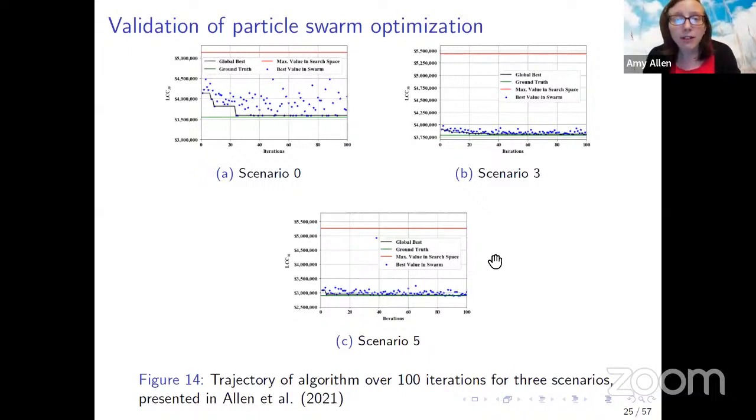So the algorithm was deemed to perform well and to converge within a fairly limited number of iterations. As one can see, even after reaching the global best value or one close to it, the algorithm continues to hunt through the search space, as shown with these blue asterisks, due to its stochastic nature, but in all cases was deemed to perform well in addressing this problem.